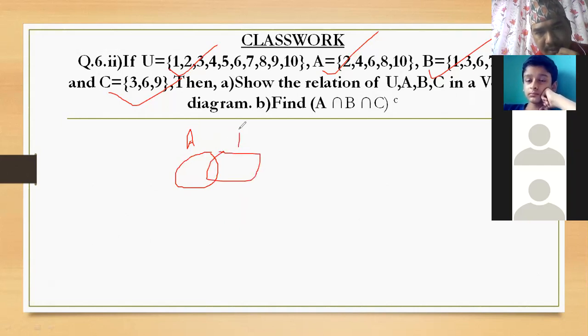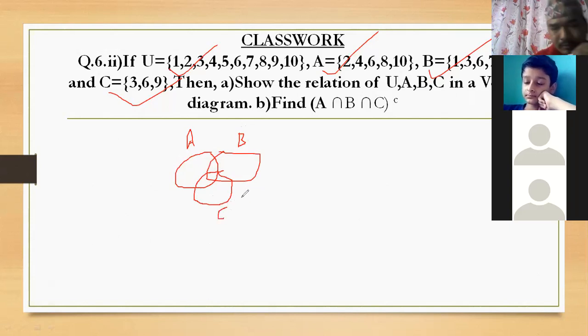This is set B, and here draw set C. Aditya, can you tell which one is the common of all? Sir, 6. Look here, let's check. Here is also 6.